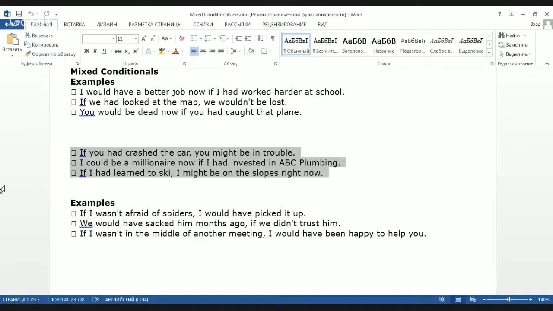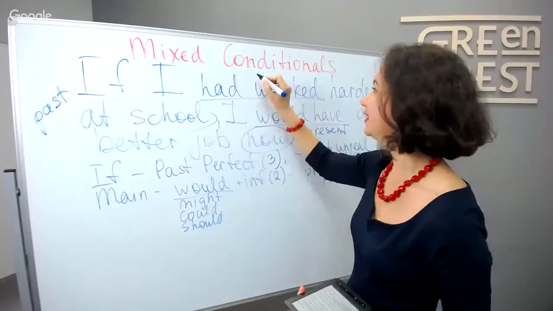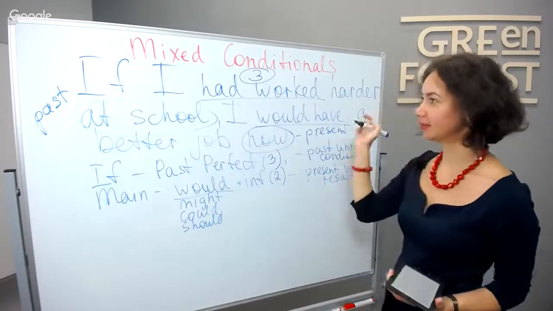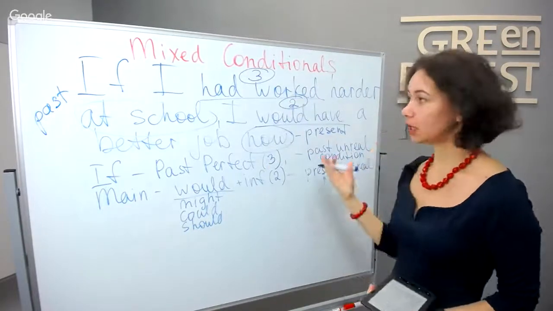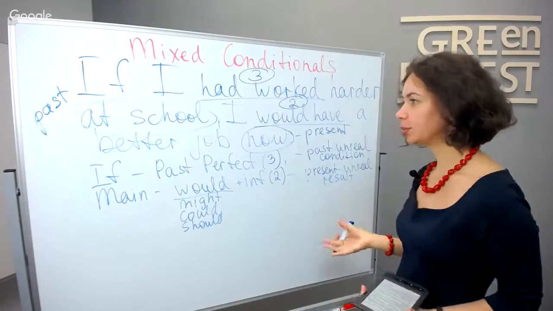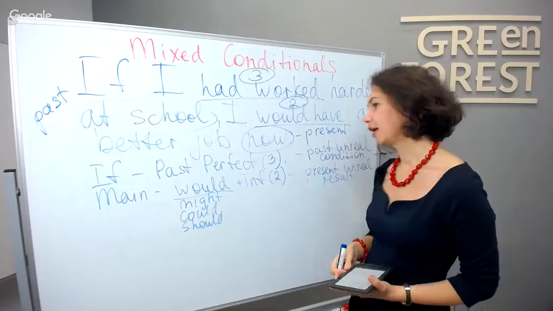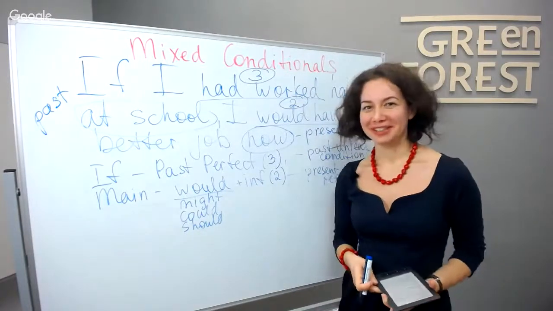Okay, let's move on. This was our mixed conditional. As I said, I call it 3 plus 2. So this is our third conditional, our past unreal condition, and the result we have in the second. I can tell you just a simple example about myself. For example, if I had learned French at university, I would be a French teacher now.